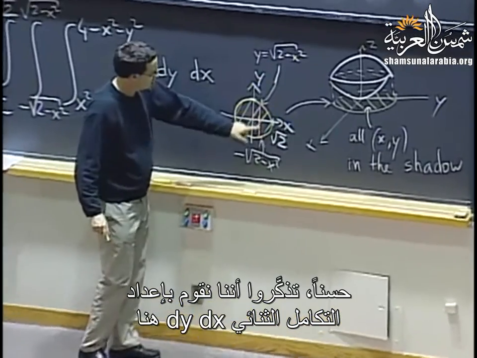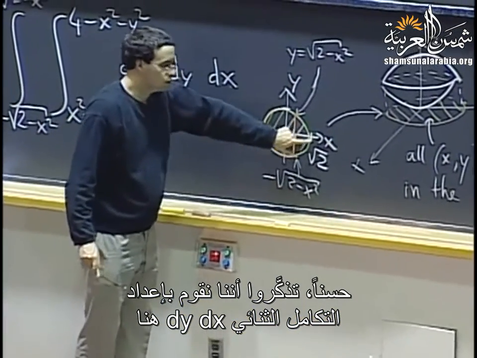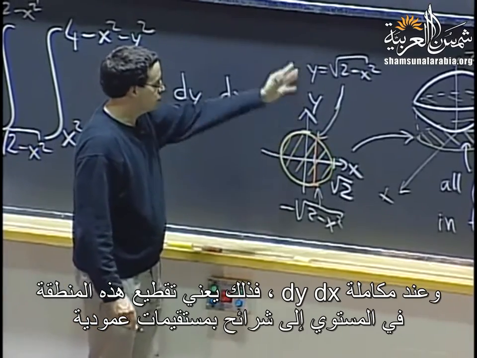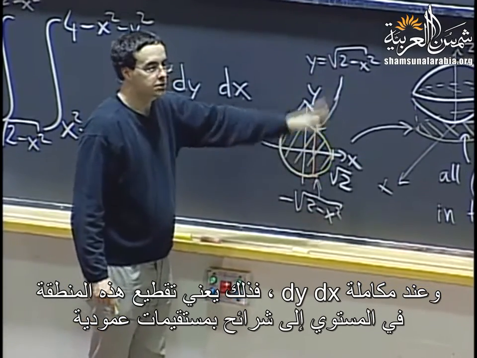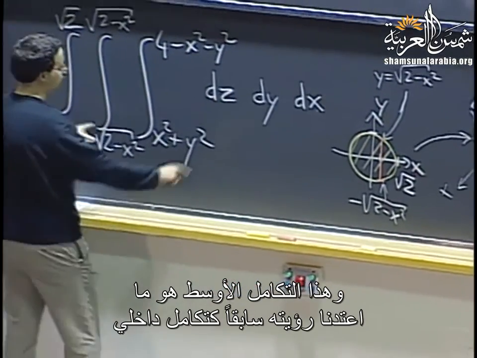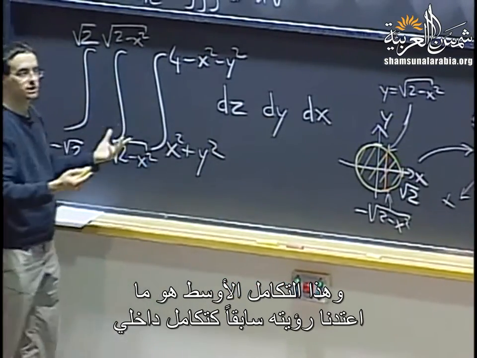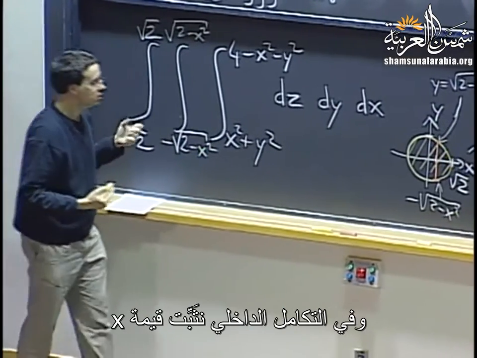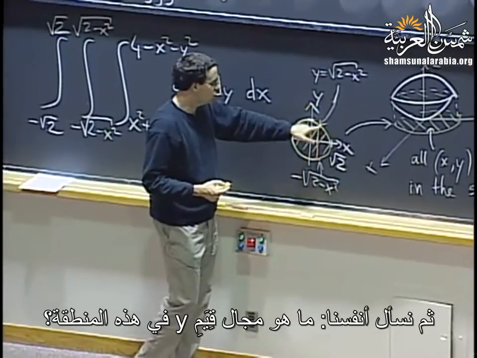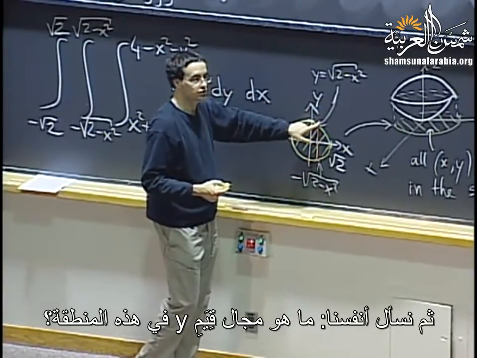Well, remember, we're setting up a double integral dy dx here. So when we do it dy dx, it means we slice this region of the plane by vertical line segments. So this middle guy would be what used to be the inner integral. In the inner integral, you fix the value of x and you ask yourself, what is the range of values of y in my region?